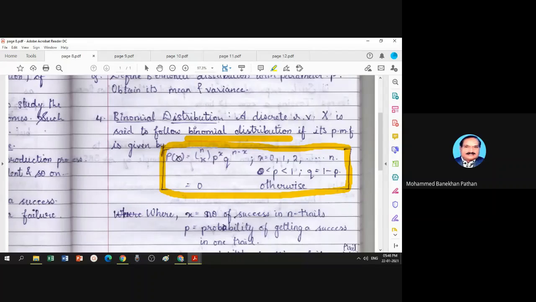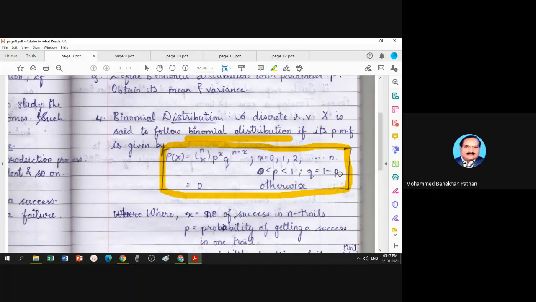So P(x) equal to n choose x, this is the combination, p raised to x, q raised to n minus x; x taking values 0, 1, 2 up to small n, where in this function p is a constant which lies strictly between 0 and 1, not equal to 0, not equal to 1. q is a function of p defined as 1 minus p.